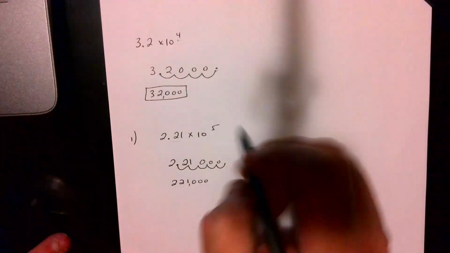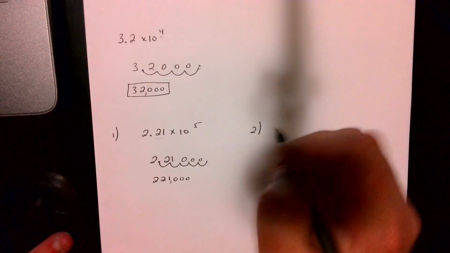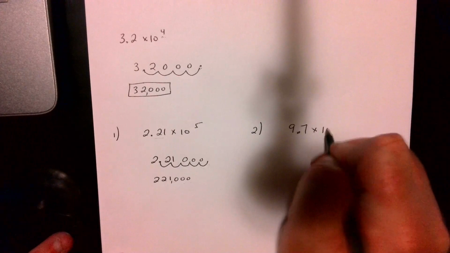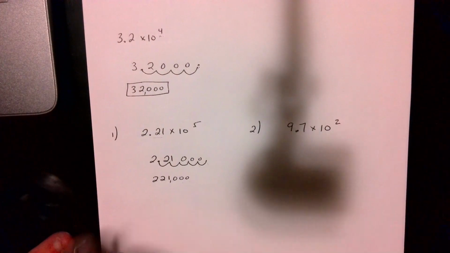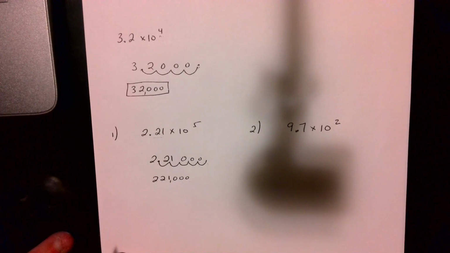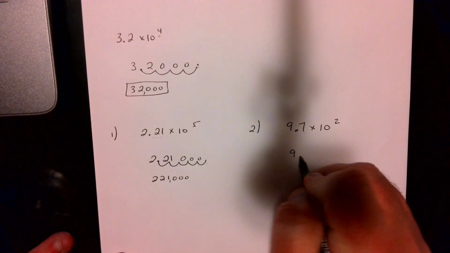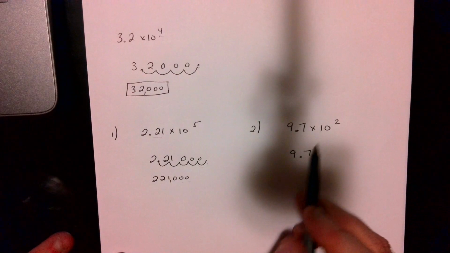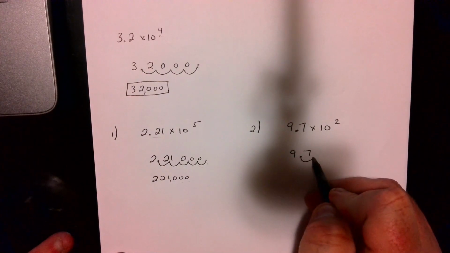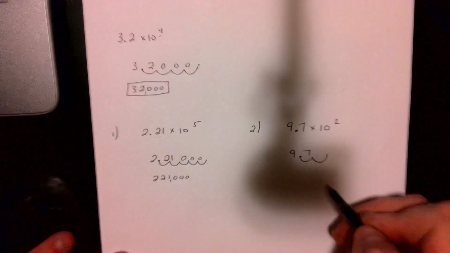All right, be careful. So if we look at one more here, we got 9.7 times 10 to the second power, and we want to take that back to standard form. Well, 9.7 is my start number, and we're going to move the decimal 2 times to make it bigger. So once, twice.